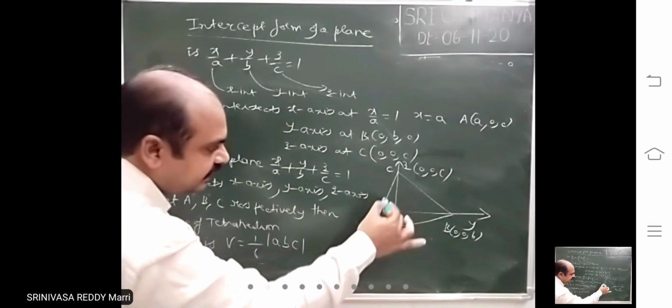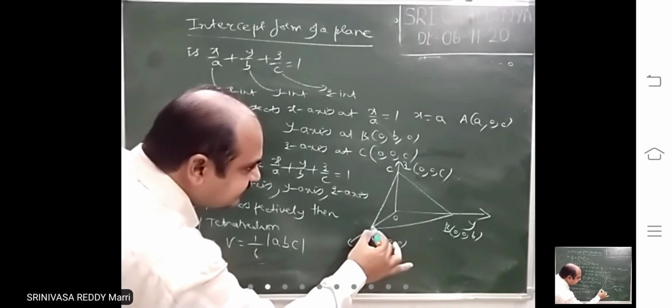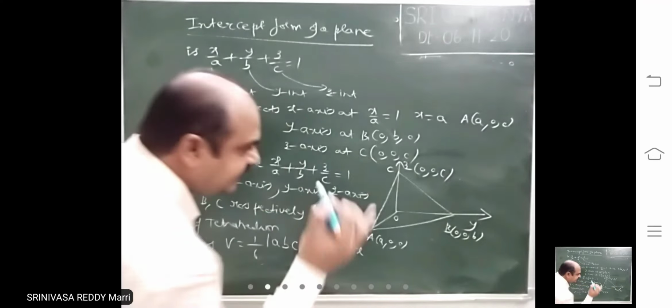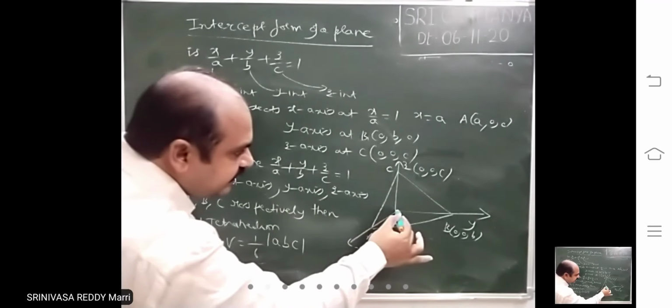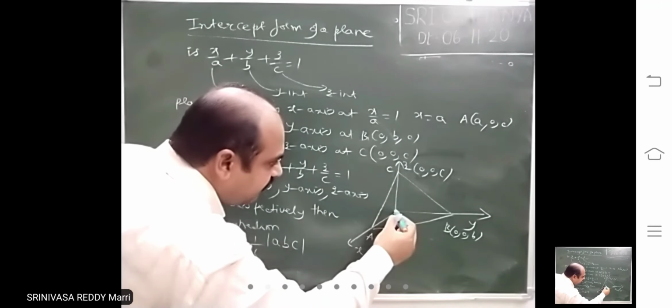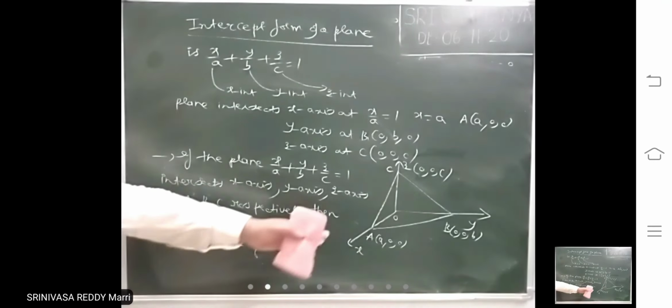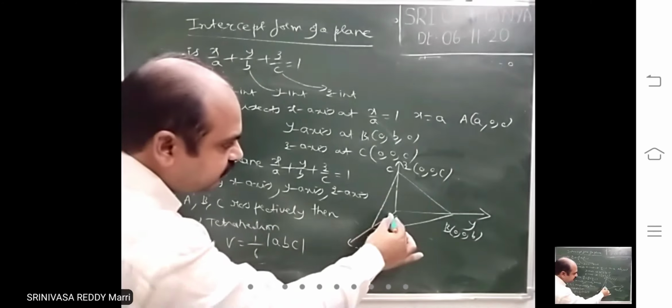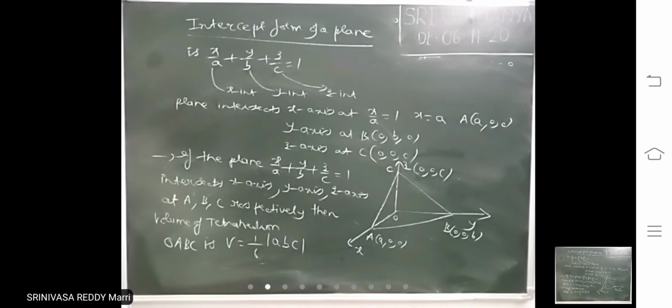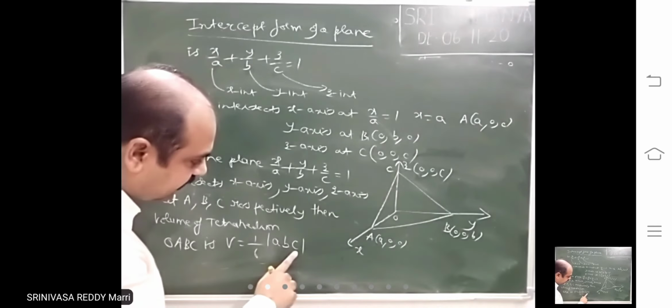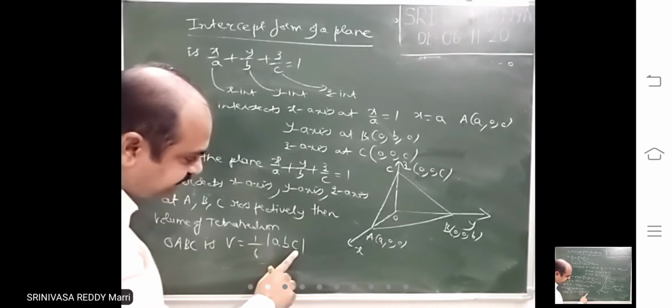Look at this: the plane is intersecting the x-axis at A, the y-axis at B, and the z-axis at C. O is the origin. Now join O to A, O to C, O to B. One tetrahedron is formed. The volume of this tetrahedron is nothing but 1 by 6 into the product of intercepts.